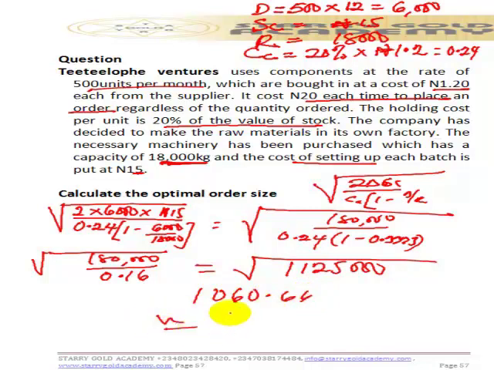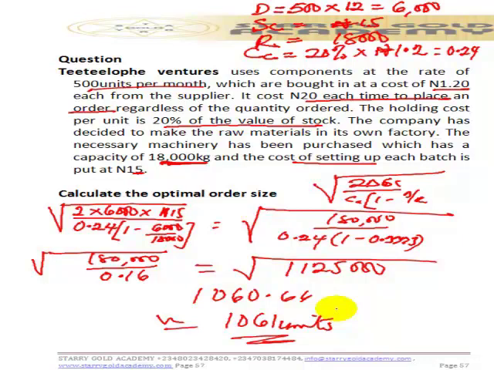So approximately 1061 units. So the batch size will be 1060 units. That is the number of units that would be produced per batch. Now, having said this, we have found the square root of the batch size.